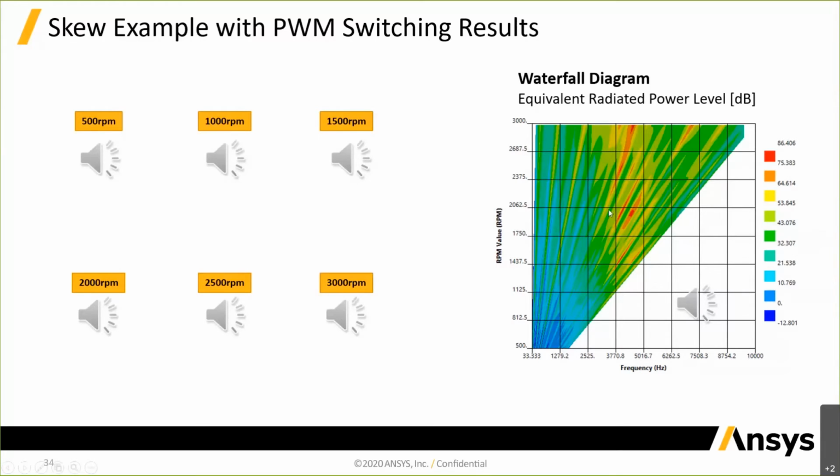It's a little stronger interaction at that 2000 RPM, the fundamental, and we don't hear as much from the PWM. But at 500 RPM, there's less interaction at the fundamental, and we're just about getting only the PWM switching.